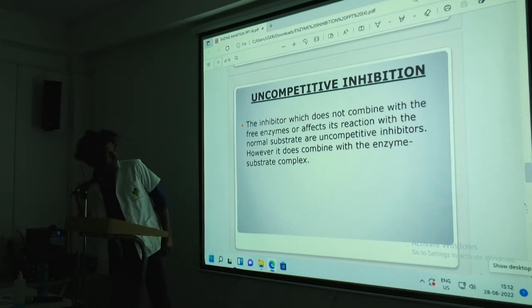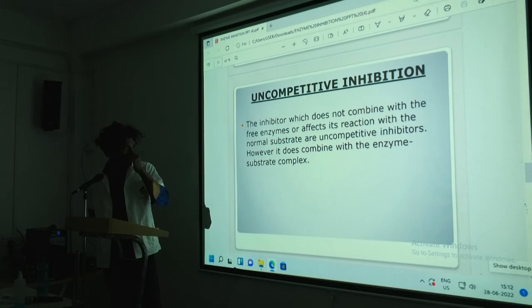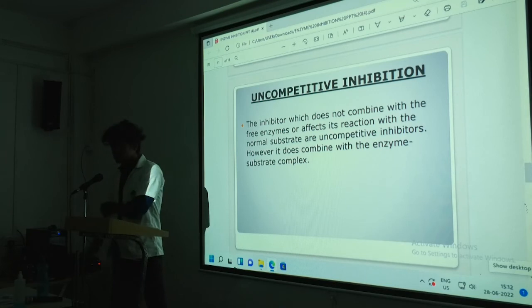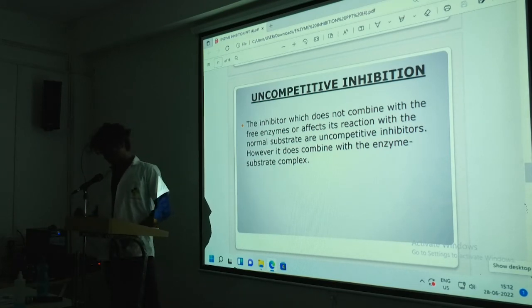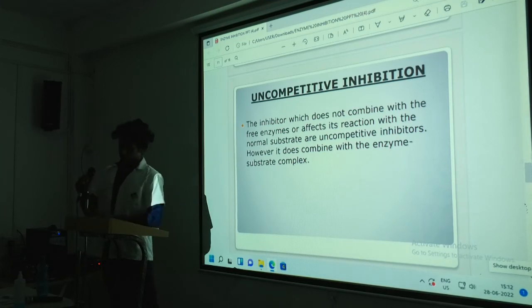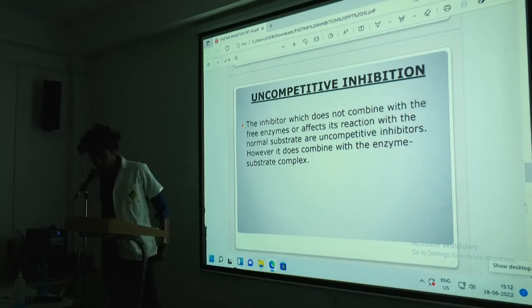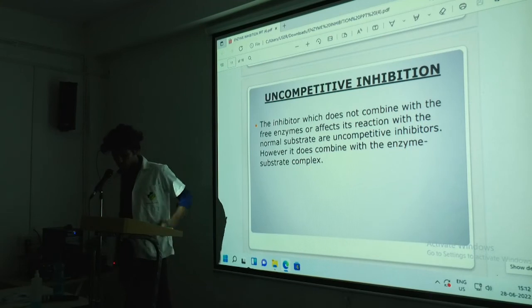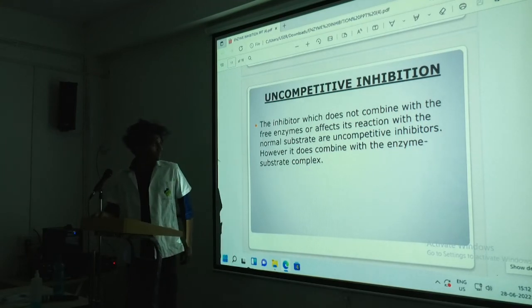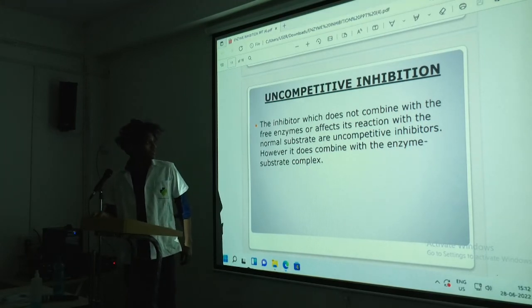The inhibitor which does not combine with the free enzyme or affect its reaction with the normal substrate is an uncompetitive inhibitor. However, it combines with the enzyme substrate complex.